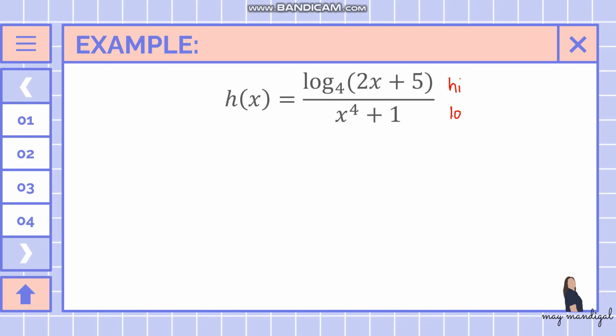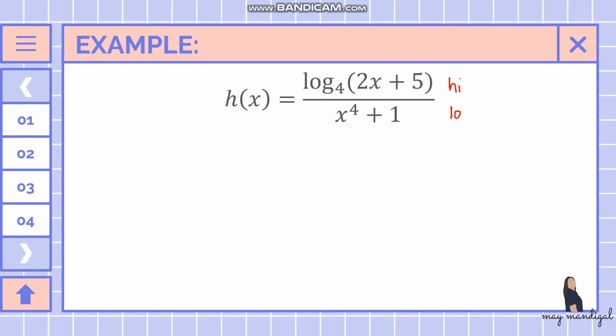Maybe we need to still do something about them. So for the denominator, it's x raised to 4 plus 1. So nothing so special, it's just a simple function. But for the numerator, we have logarithm of base 4, and at the same time, within that logarithm, we still have a function of 2x plus 5. So that means the numerator is a composite function.